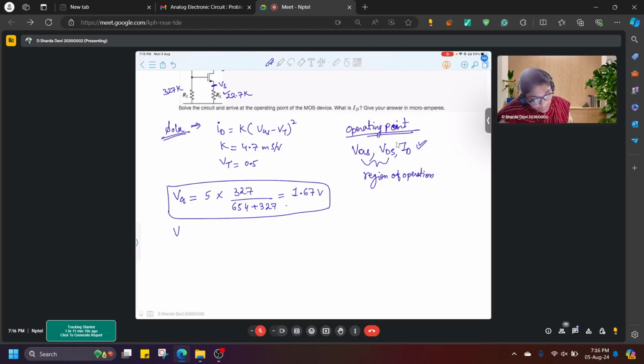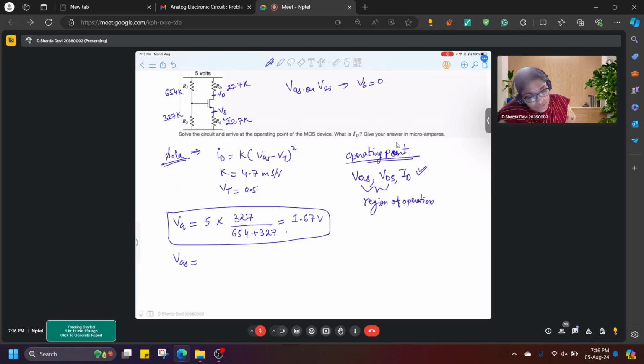Next step is VGS, because VGS is the one that is important. The current that is flowing from VDD till ground, we call it ID. So the same ID is flowing through RD and RS also. So VGS will be 1.67 minus ID into RS, as VS is ID into RS. Correct?